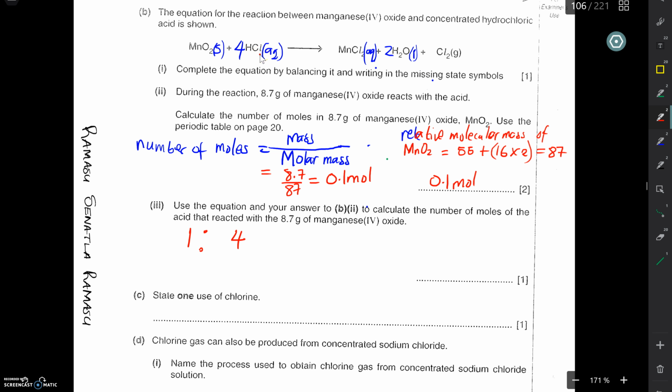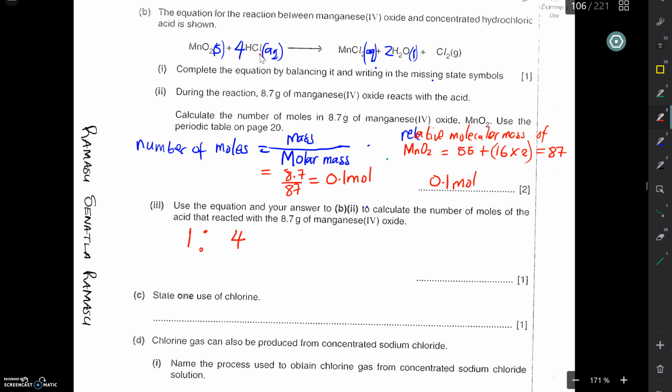We cross multiply, and then we get our x to be 0.1 times 4. This gives you 0.4 moles. So we have 0.4 moles of hydrochloric acid reacting with 0.1 moles of manganese 4 oxide.